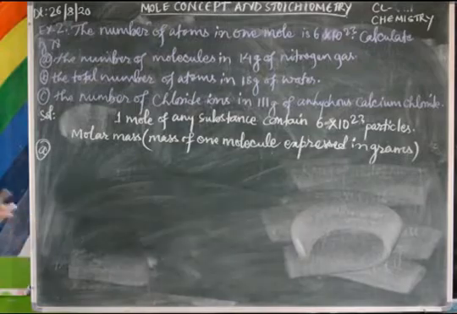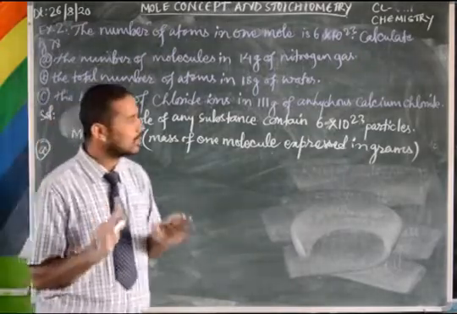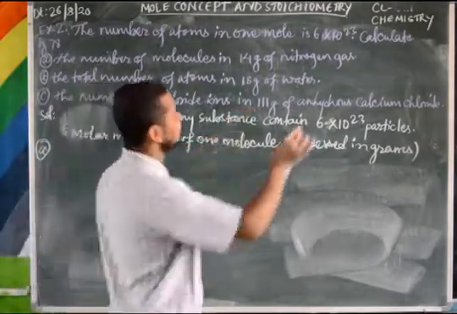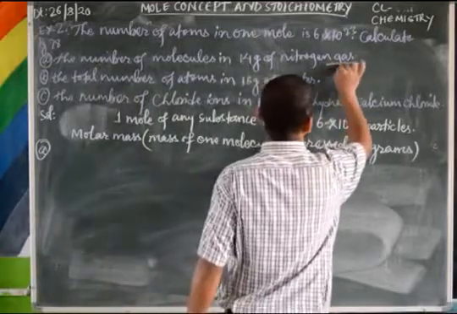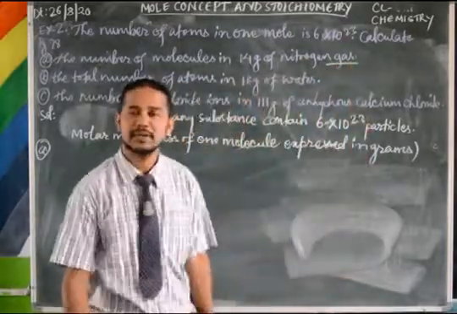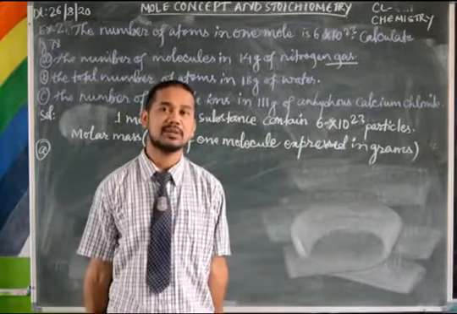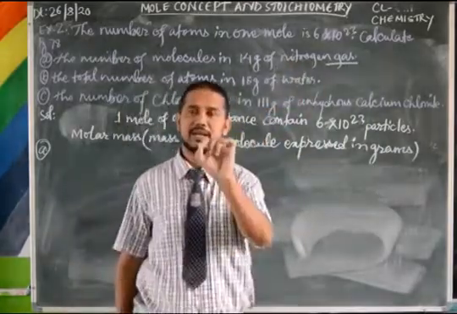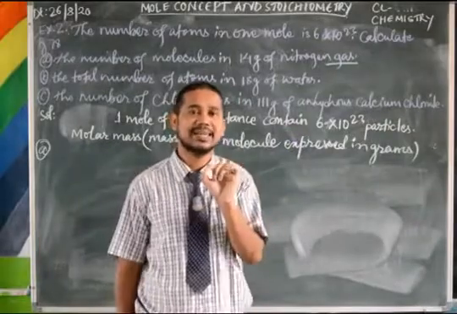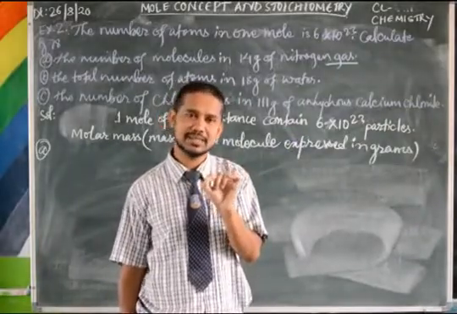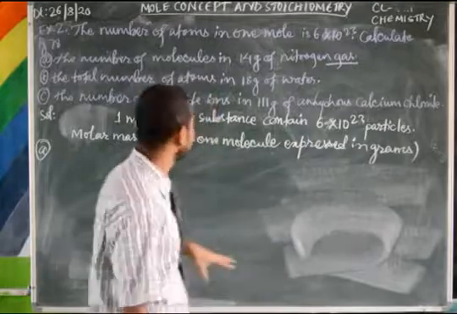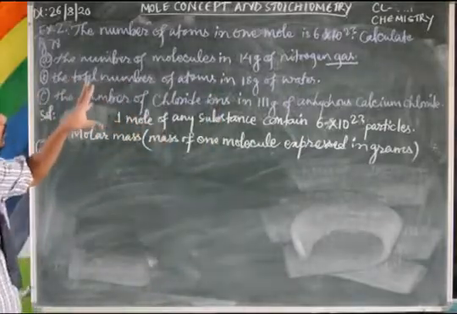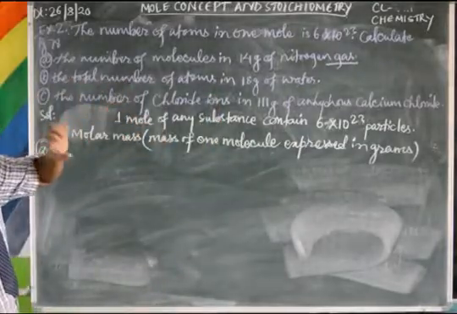First of all you must be knowing what is said here: gas, not atom. Not nitrogen atom, not nitrogen element. It is nitrogen gas. And nitrogen gas is not N, it is N2. So number of molecules in 14 gram of nitrogen gas.